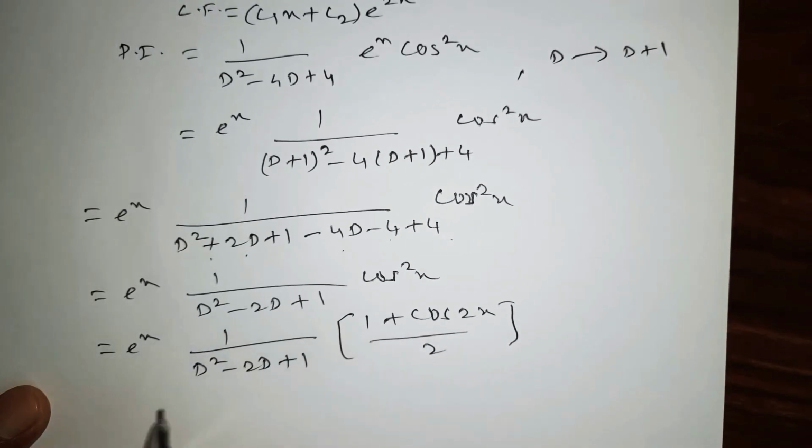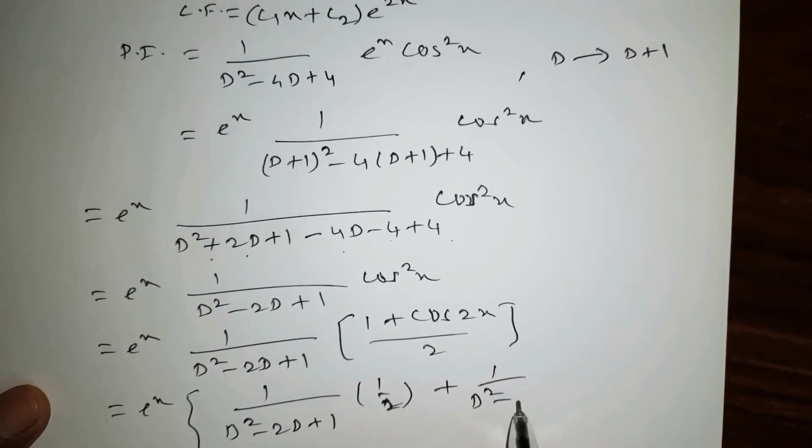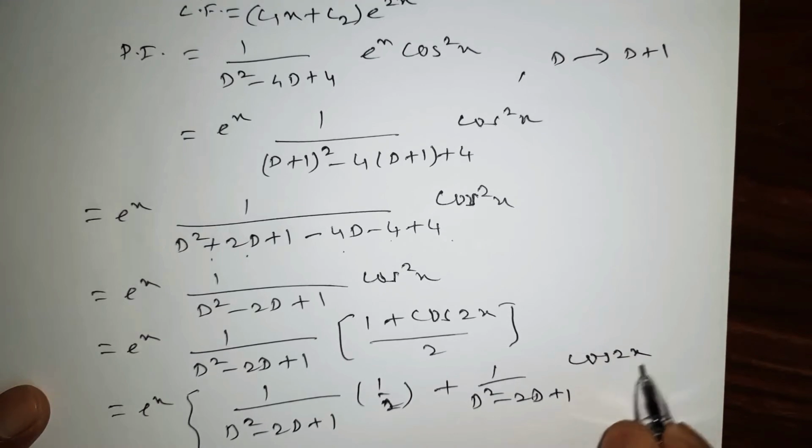Now, separate from this plus sign. So, e raised to x times 1 upon d square minus 2d plus 1 operating on 1 by 2, 1 by 2 is constant here, plus 1 upon d square minus 2d plus 1 operating on cos 2x upon 2.